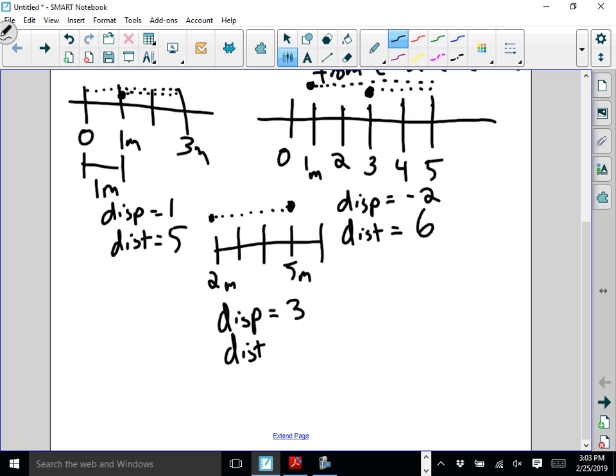As long as you don't change directions, your displacement and your distance traveled will be the same. But very rarely do they give you scenarios. I mean, it happens occasionally, but very rarely on the AP test do they give you scenarios where something doesn't change directions. Okay, so it is possible to have displacement and distance traveled the same.